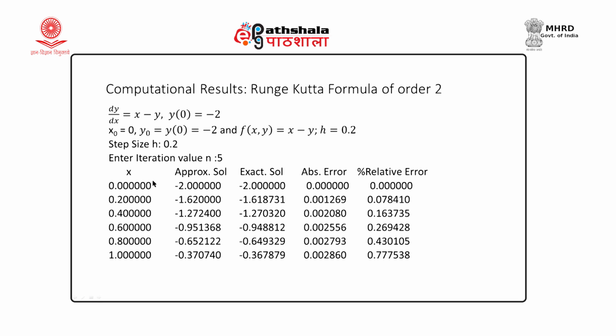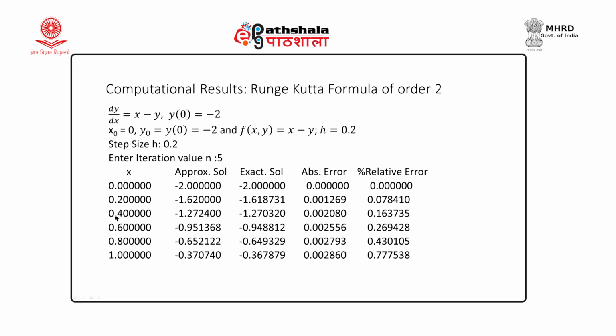So, the program was designed, and when implemented, this is how the computation table looks for this particular example. The function is x minus y, x_0 is 0, y_0 is minus 2, and the step size h is chosen as 0.2. The approximate solution y_1 is minus 1.62.